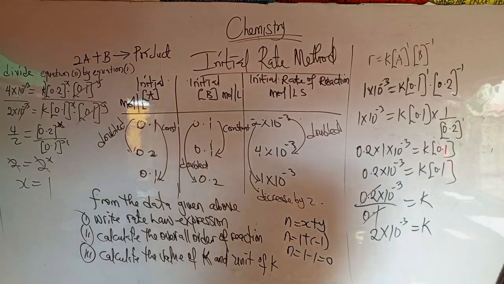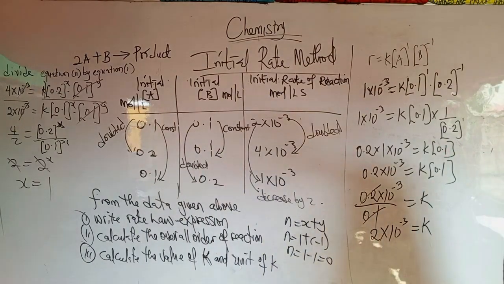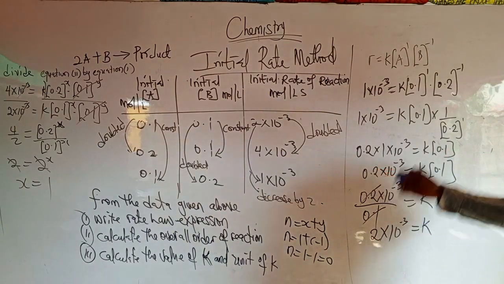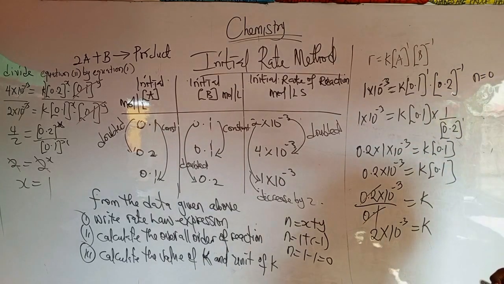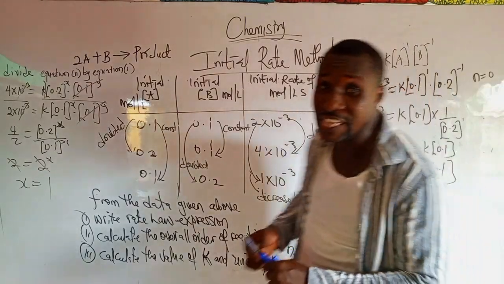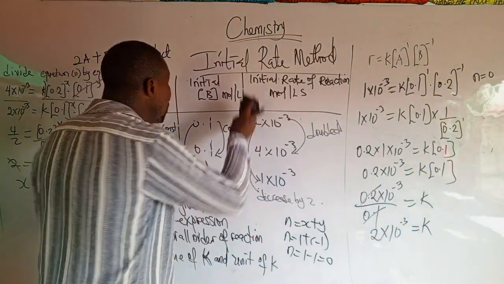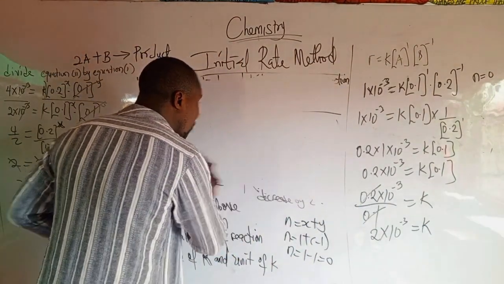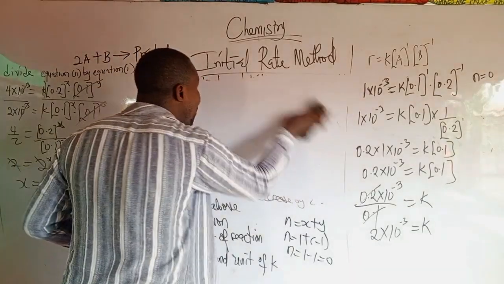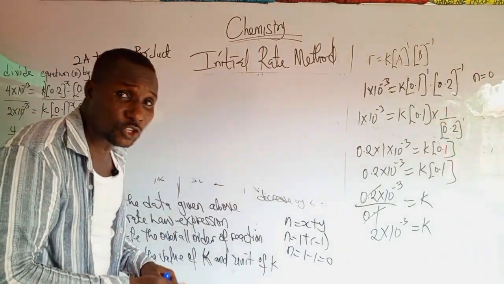Then, what is the unit of K? Don't forget the unit of K. I know that the overall order of the reaction is 0. In the second video, I gave you the formula to calculate the unit of K. I told you the unit of K depends on the order of reaction.